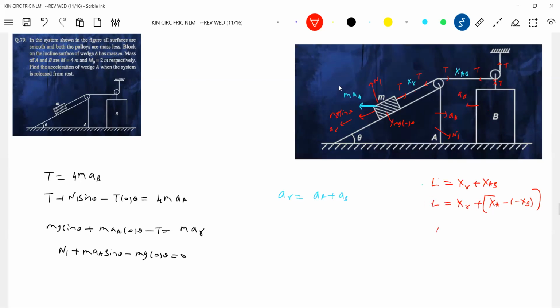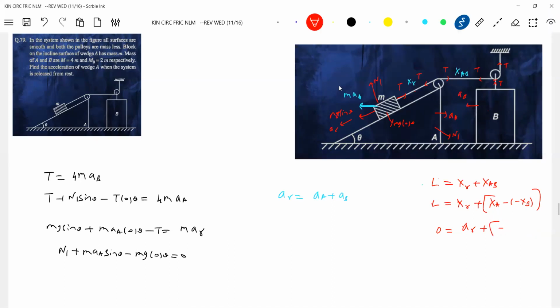Now we'll differentiate, zero, dxr by dt, the double differentiation of that, and it will be, okay, we need to bring the sign also, no? This will try to increase, this will decrease. Okay, it should be like this.